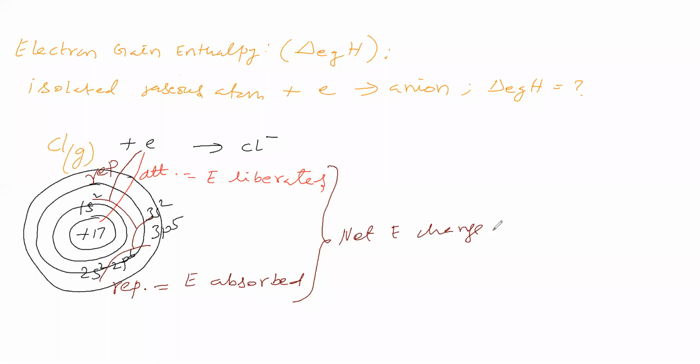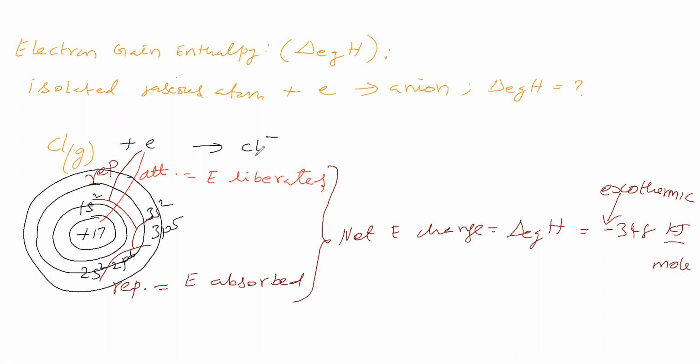The net energy change is called electron gain enthalpy, delta EGH. It is minus 348 kilojoule per mole. Here the minus indicates an exothermic reaction.